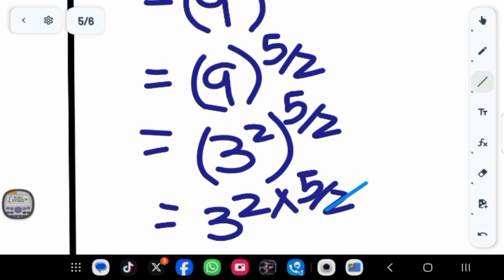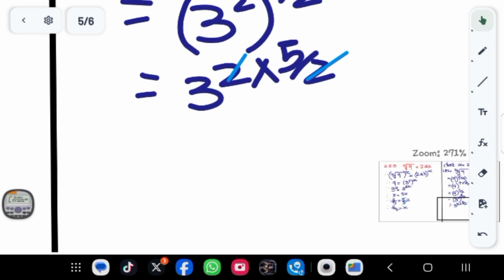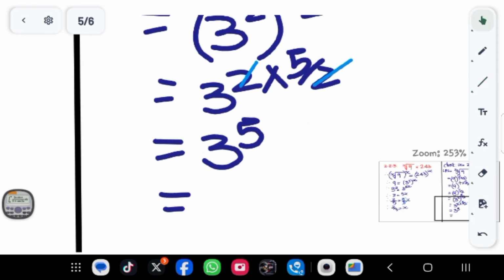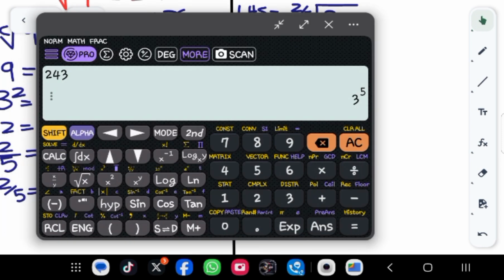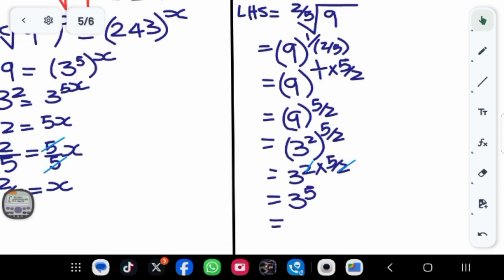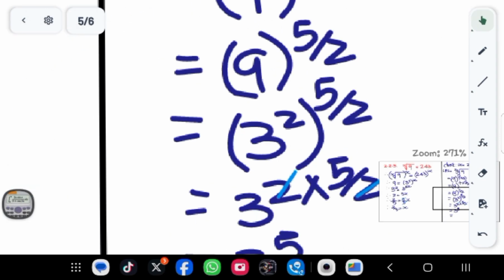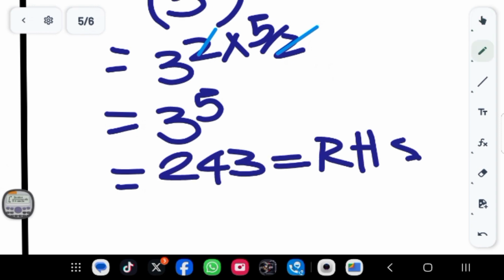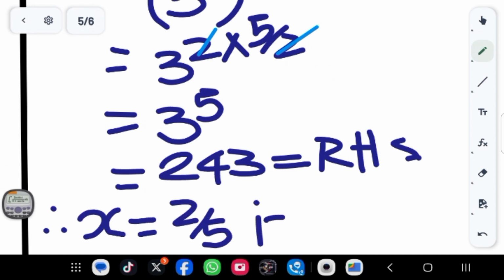The 2's cancel out, which is 3 to the power of 5, and that equals 243, which equals the right hand side. Therefore, x equals 2 over 5 is the solution. And that's how you check that.